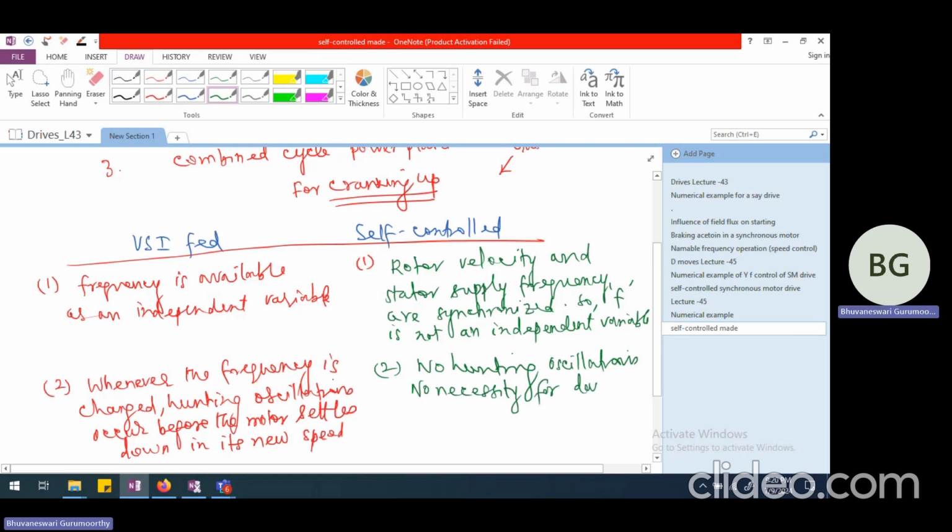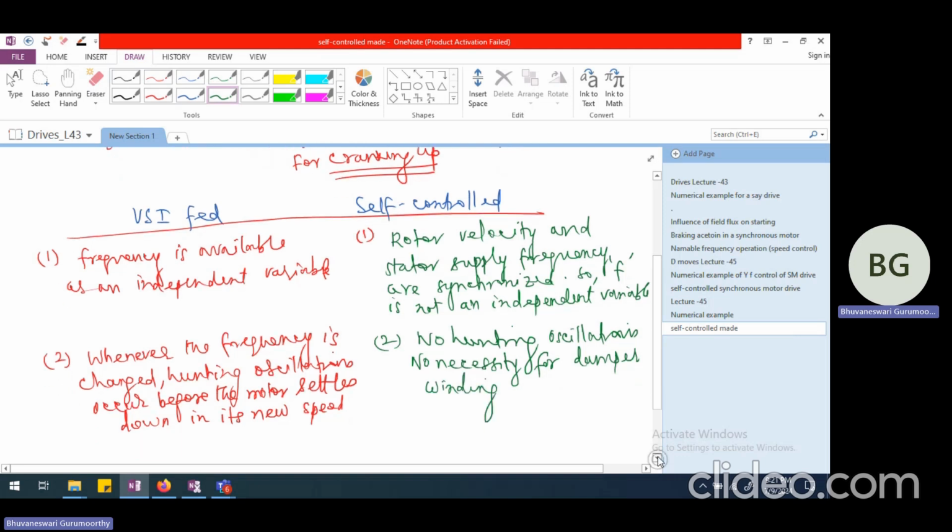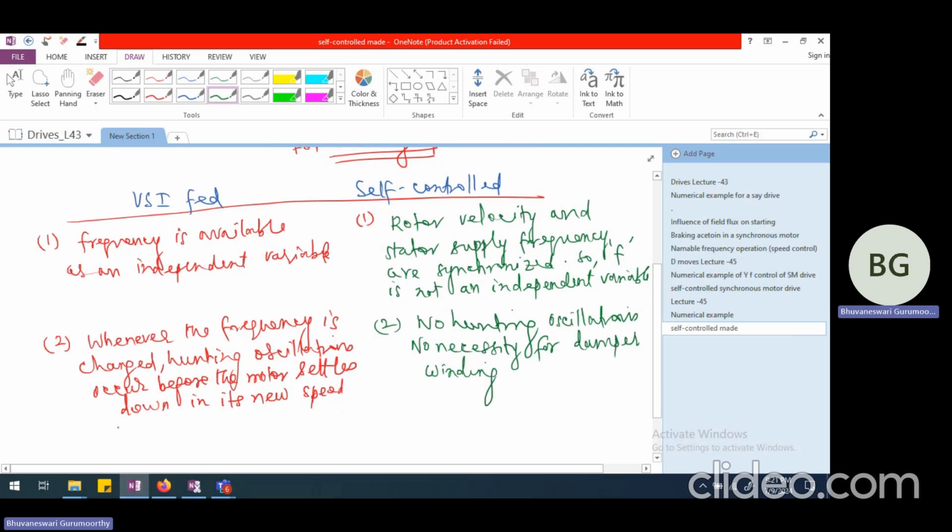The only thing is, if we want to adjust the impedance that the stator winding presents to the inverter, that can be manipulated with the help of the damper winding resistance, because the damper winding impedance will come in parallel. So the damper winding, if at all it is used, is only for manipulating the synchronous reactance manifested by the stator winding.